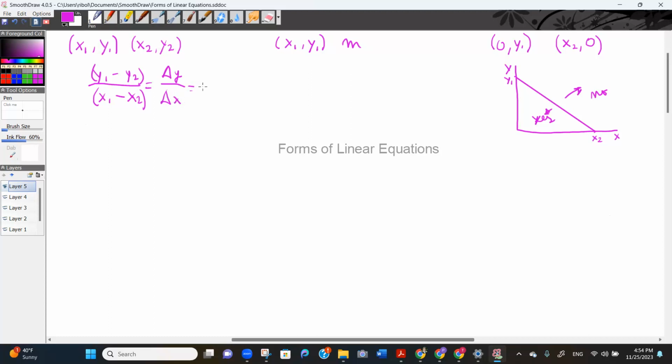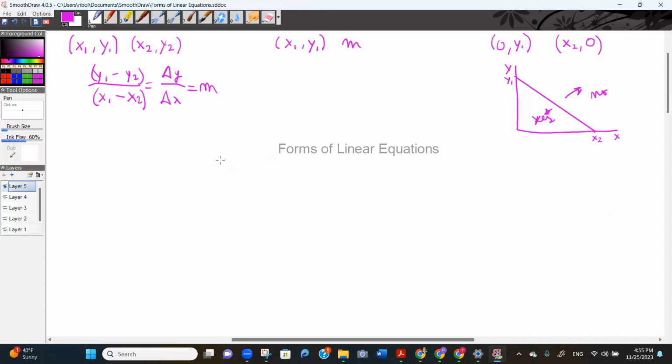That is by definition m, the slope. So when we have the 2 points, you can find the slope really easily. In this case, we already have the slope, so we have 1 point. We can also then from here figure out the different forms of the lines.